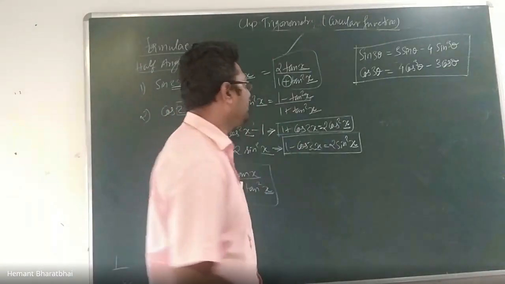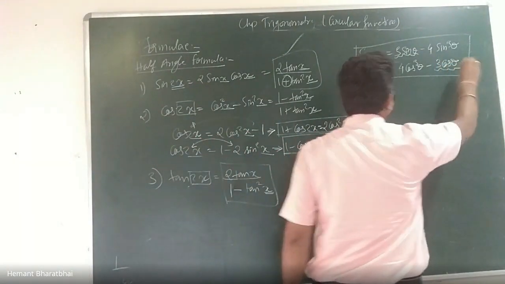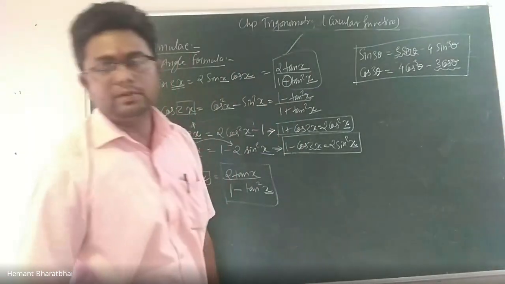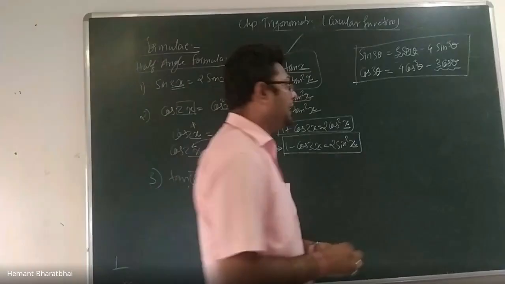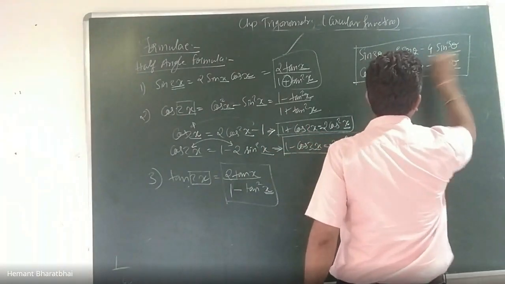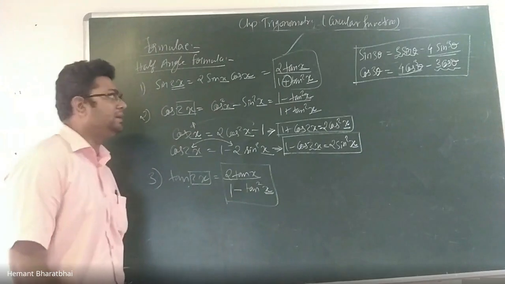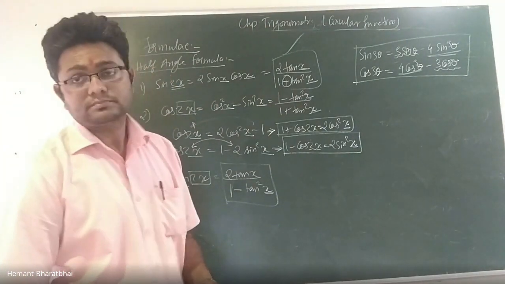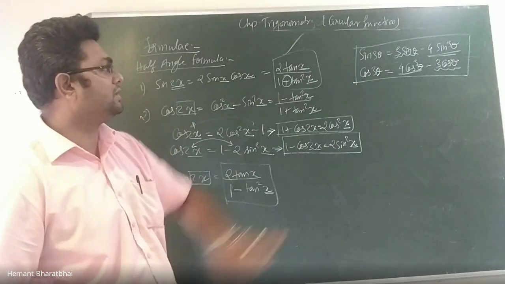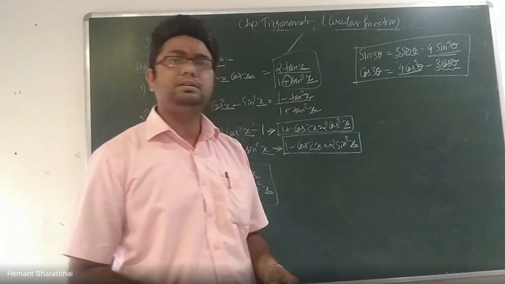You can remember that in both the formulas, along with coefficient 3 you have power 1, and with coefficient 4 you have the cube term. There you have 4 sin cube theta, and here you have 4 cos cube theta. So for coefficient 4 there is a cube term, and for coefficient 3 there is a degree 1 term.